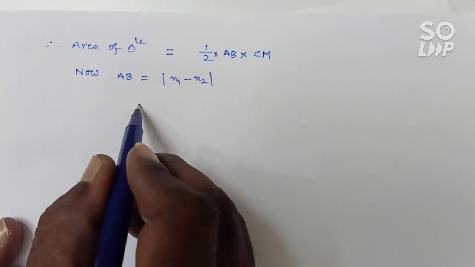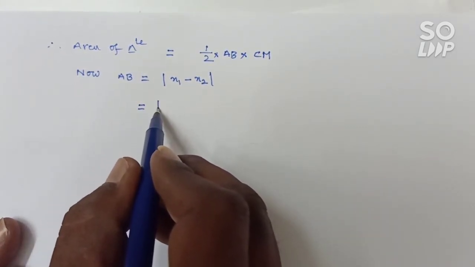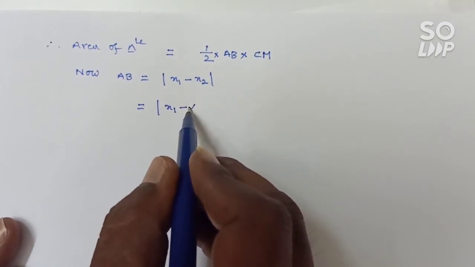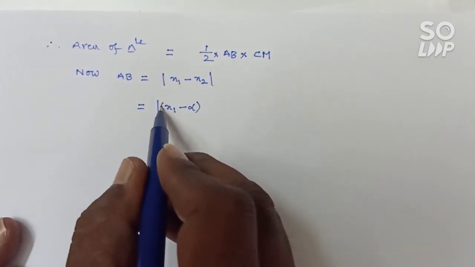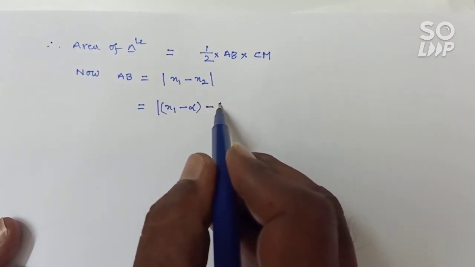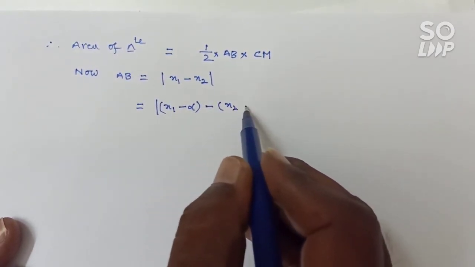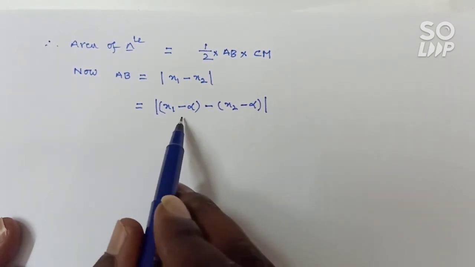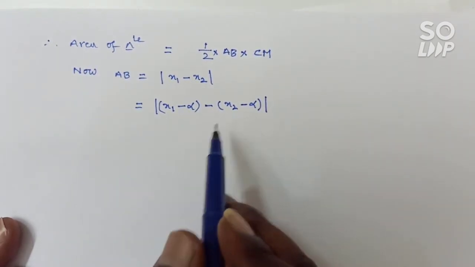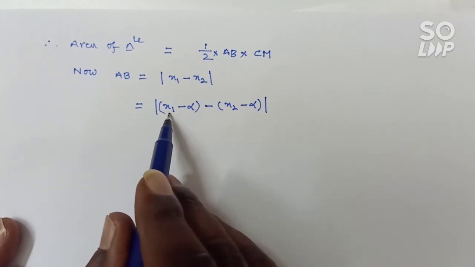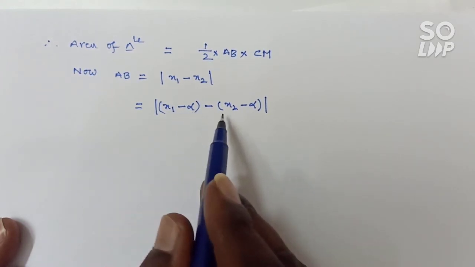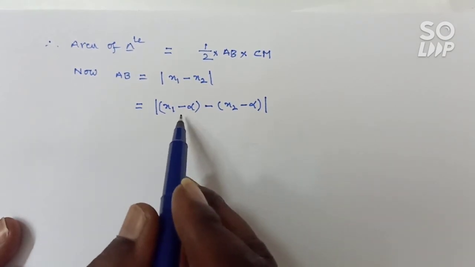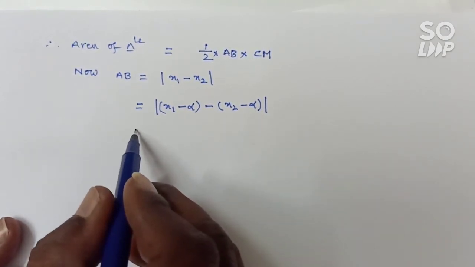See, we know that this one we can write as x1 minus alpha minus of x2 minus alpha. So adding and subtracting alpha, you will get x1 minus alpha minus of x2 minus alpha. This is nothing but a minus b form.